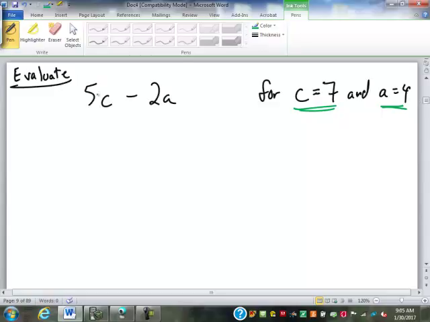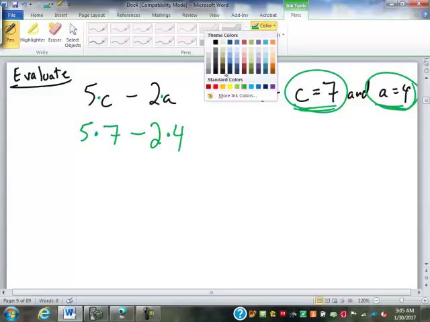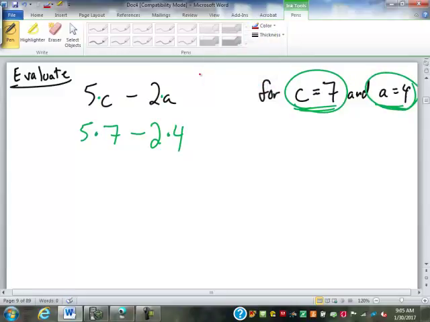So instead of 5c, which of course means 5 times c, this becomes 5 times 7. Minus, instead of 2a, which means 2 times a, it's 2 times 4. And now it's simply an order of operations problem. No enclosing symbols, no exponents.